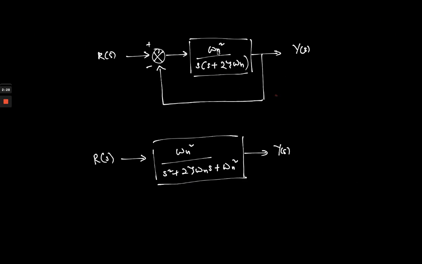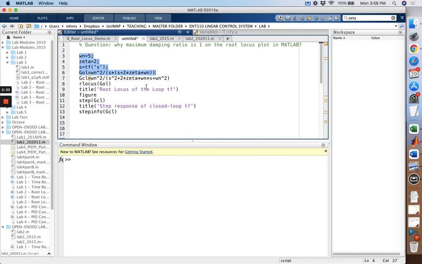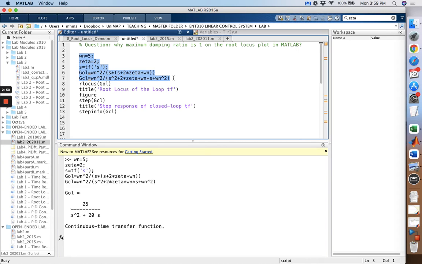So I define omega n and s plus 2 zeta omega n, with zeta equals 2 and omega n equals 5. And when we find the closed loop transfer function, we have this kind of transfer function. So let's run this first.